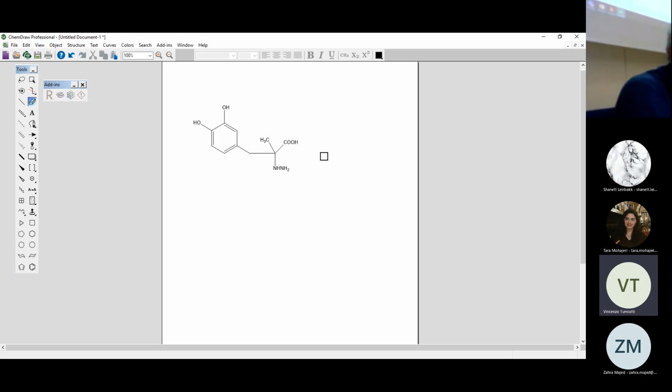So the synthesis of this compound is very similar to the synthesis of amino acids. We can see how we can synthesize an amino acid. We can start from a ketone, for example, or from an aldehyde, perhaps it's better.